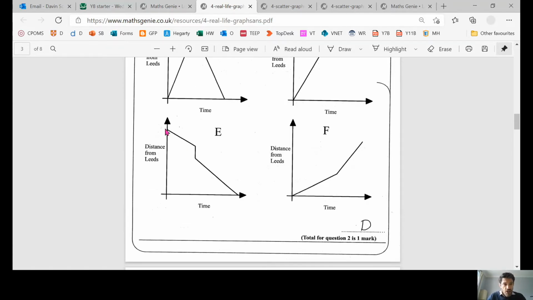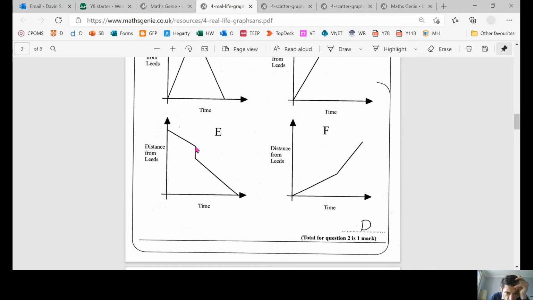E, she starts away from Leeds. We don't know where. Let's not assume Liverpool, could be wherever. She is moving towards home at a constant speed. I haven't told you never ever have vertical, so we could presumably zoom in and find that that is not quite vertical, but she's got a staggering speed to make it look like it's vertical.